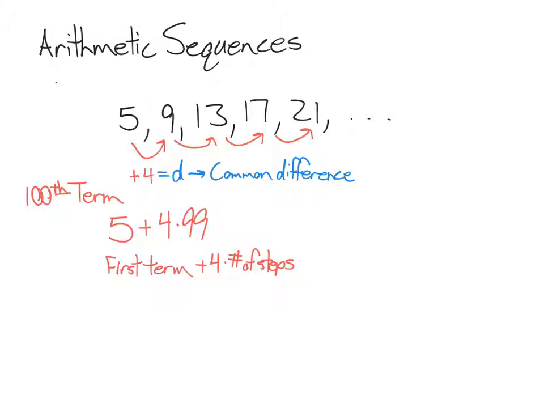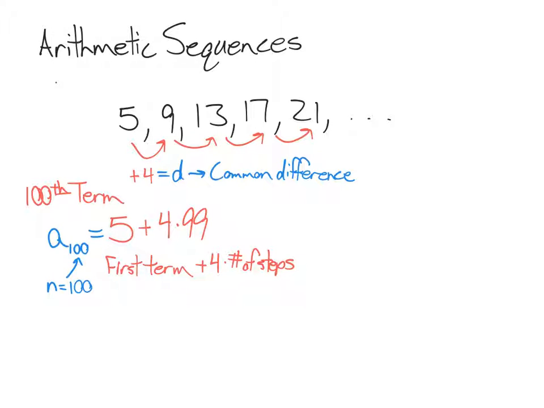If I'm doing the 100th term, that would be A with a little subscript of 100 next to it. And also, in this case, we will use the letter N to represent which term we're talking about. So the 100th term has an N equal to 100.